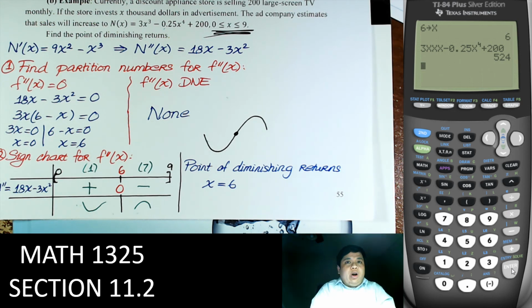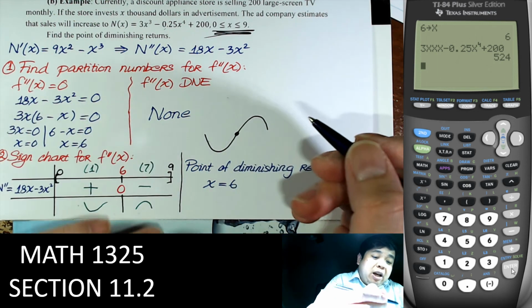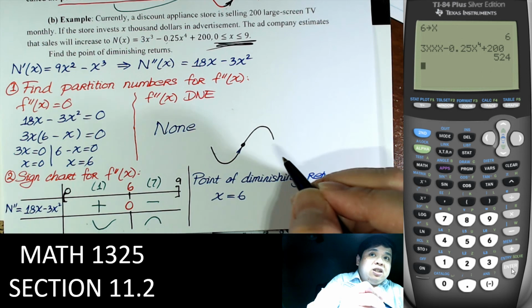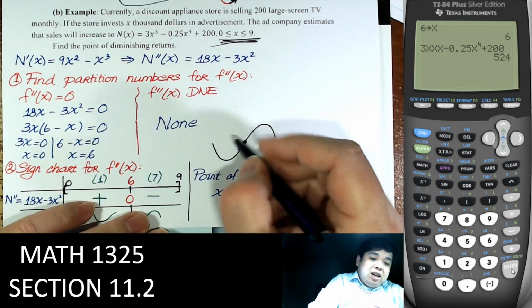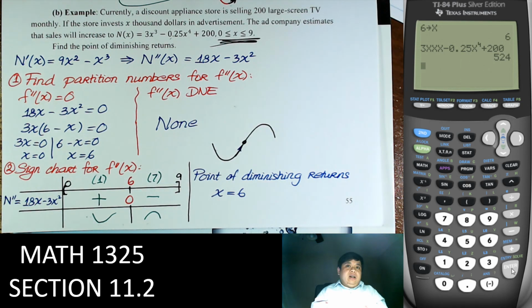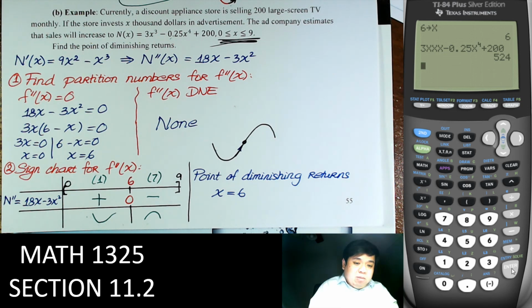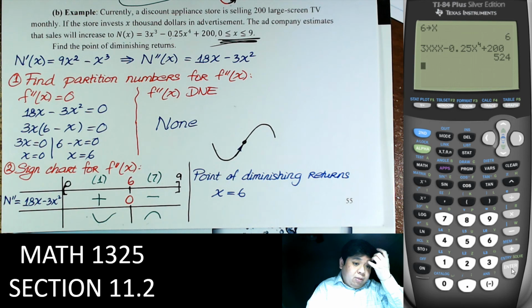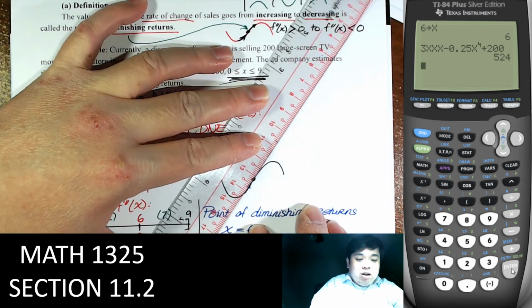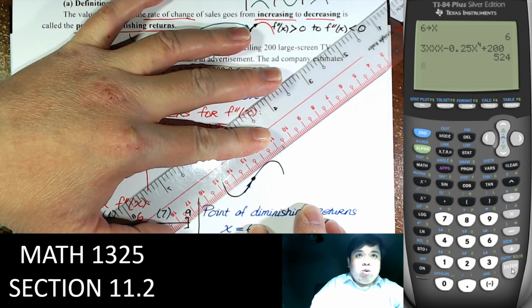Right, so not only is that the point of diminishing return. If at the moment we're not spending that much, we might want to spend close to 6, because in that case it gives us the most increase. When we get past 6, the more money we put in will not give as much advantage, because after this it is still increasing, but the rate of increase gets smaller and smaller.